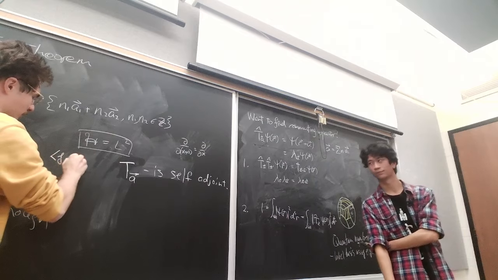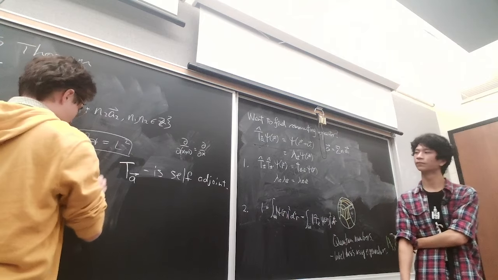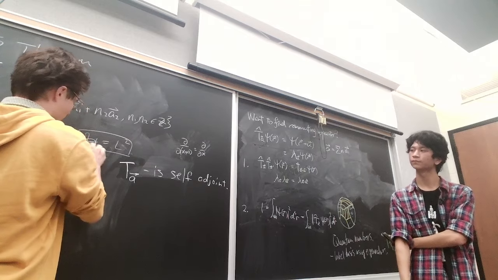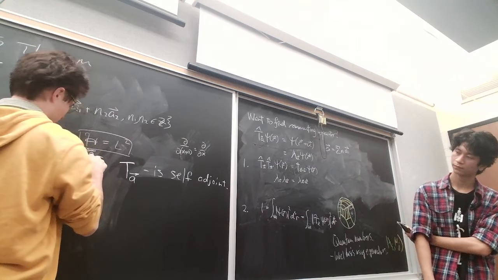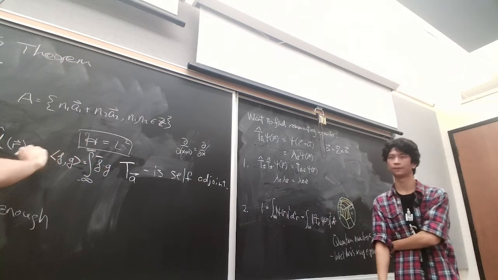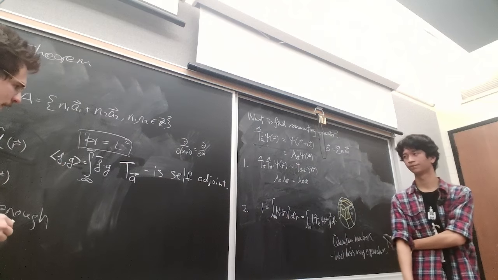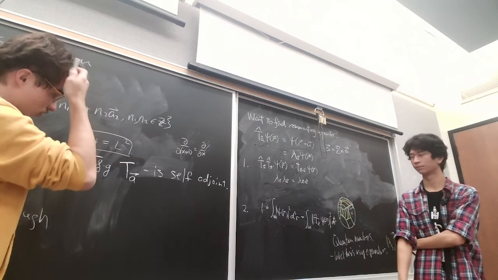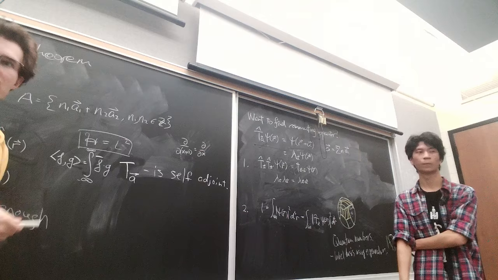So f inner product g is the integral from wherever to wherever of f conjugate times g, or the other way around, depending on which entry you want to be linear.